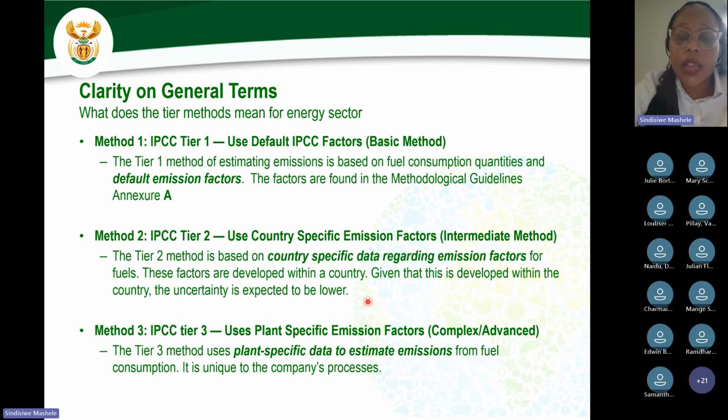The system allows you to select the option that you want to use, but noting that for most of the activities, you are only allowed to use either tier 2 or tier 3. Tier 1 was allowed earlier when the regulations were promulgated, but we are moving towards tier 2 or 3 because we need to move to higher tiers to reduce the uncertainty of the emissions that we are estimating.